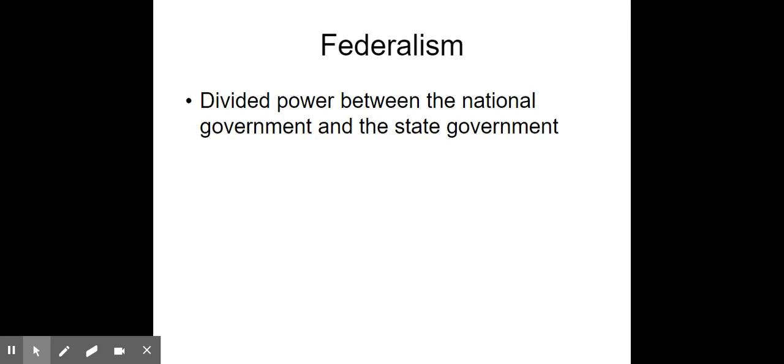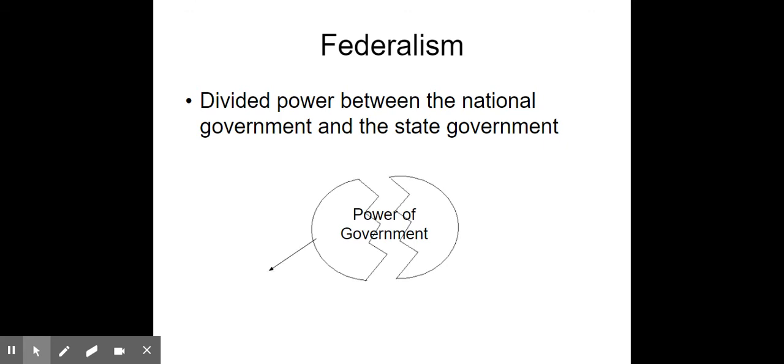Federalism. We've talked about federalism. This is the division of power between the national government and the state governments. Okay? So there's like two sides of the coin. One side is going to the national government, the other side is going to the state government. And this is one of those principles that we talk about. Everybody was worried about the national government having too much power.